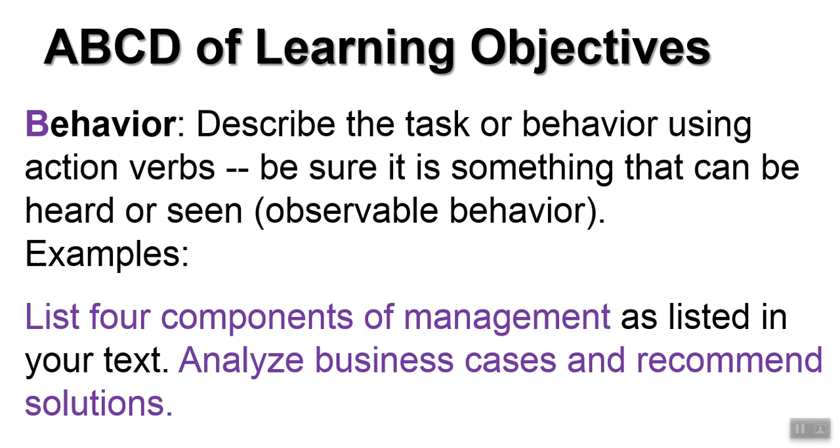They will write on a piece of paper or on a computer screen and present it to you. Analyze business cases, they also will read scenarios or business cases and they will recommend solutions. They will come up with many solutions and they will pick the best ones. That's how they recommend solutions.